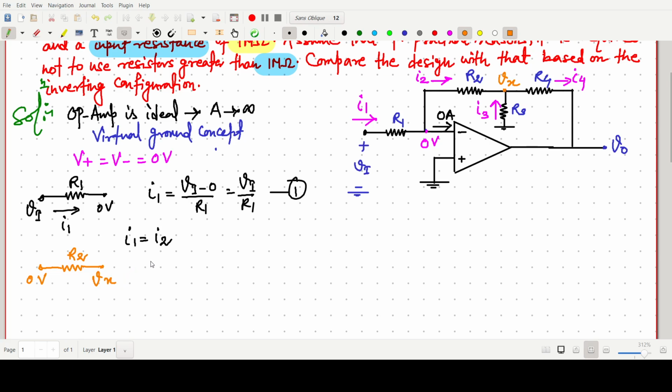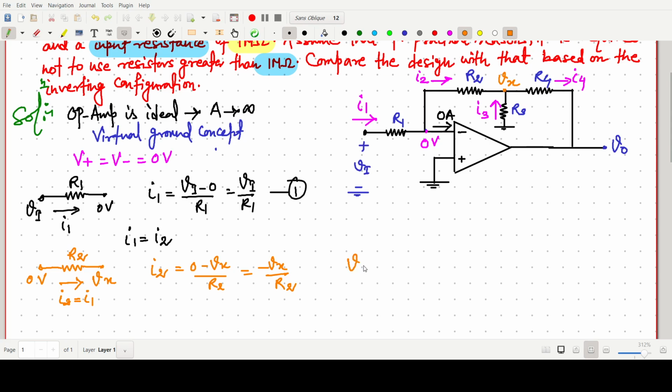This current I2 is the same as I1. So the expression for I2 can be written as 0 minus Vx by R2, higher potential minus lower potential by R2, that is minus Vx by R2.